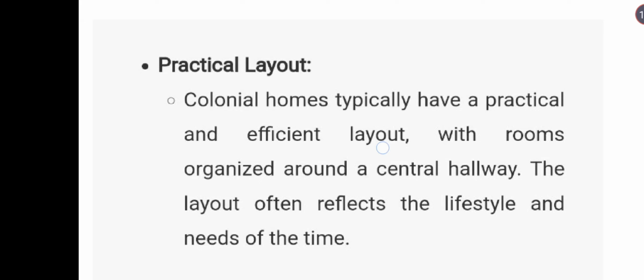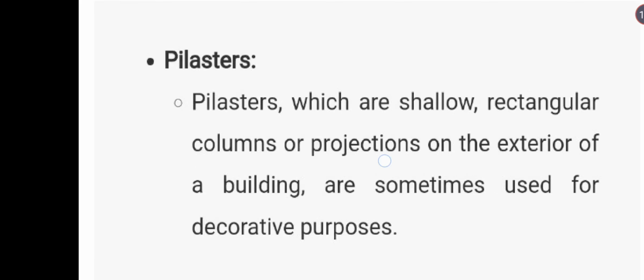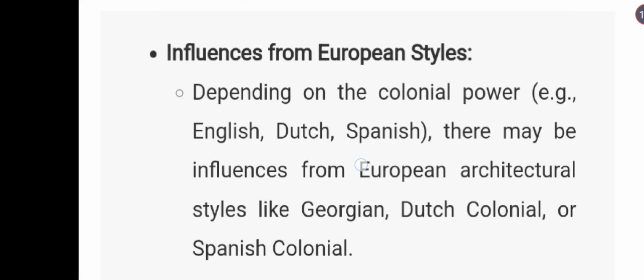The layout: colonial homes typically have rooms organized around a central hallway, and this layout reflects the lifestyle and needs of that time. Again, there are pilasters, shapes of rectangles, columns, and other elements that some buildings use for decorative purposes.